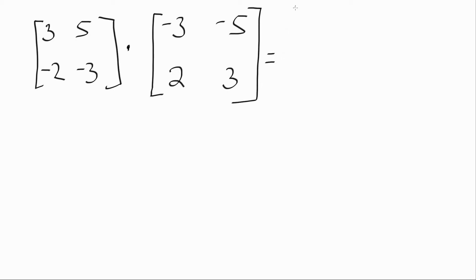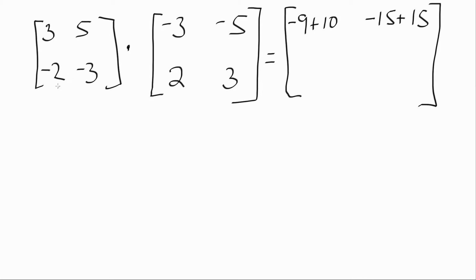When I multiply my row by column, -3 times 3 is -9, 2 times 5 is 10. I'm going to go to my next slot. 3 times -5 is -15, plus 5 times 3, which is 15. Hey, it's looking suspiciously like it's going to work. -2 times -3 is 6, plus -3 times 2 is -6.